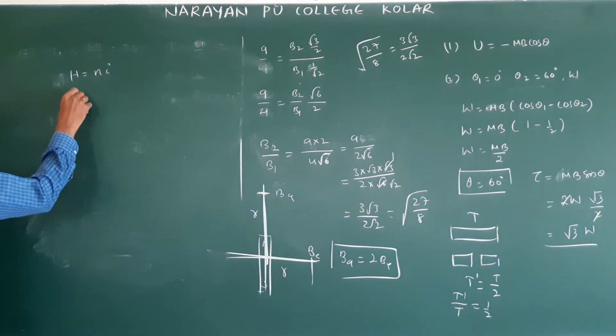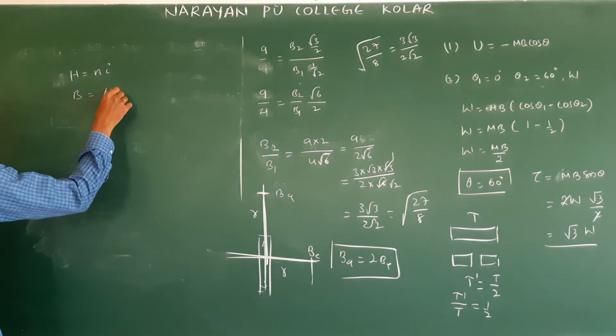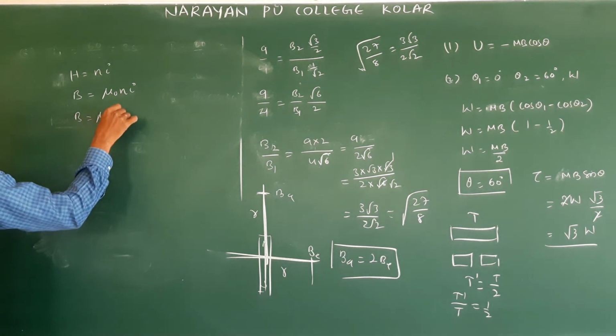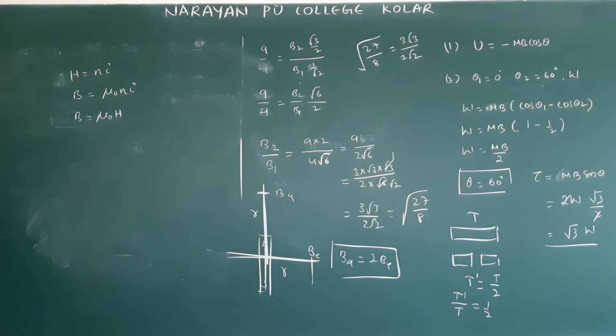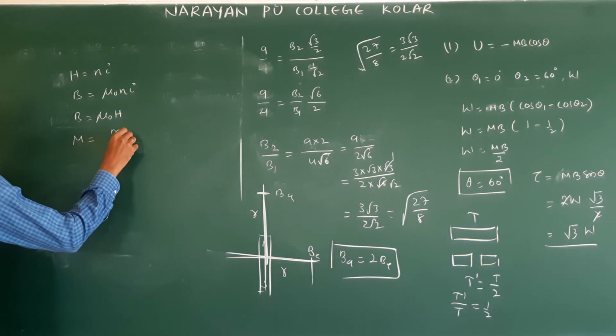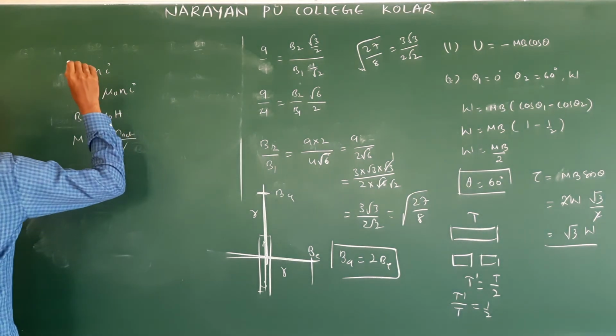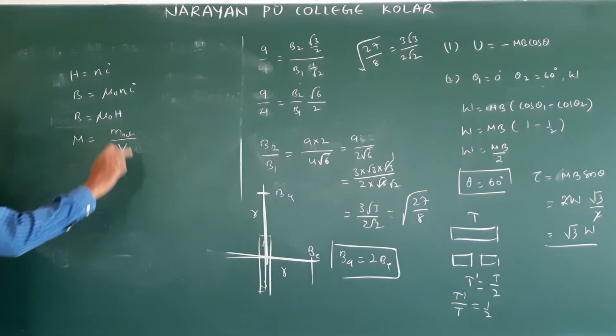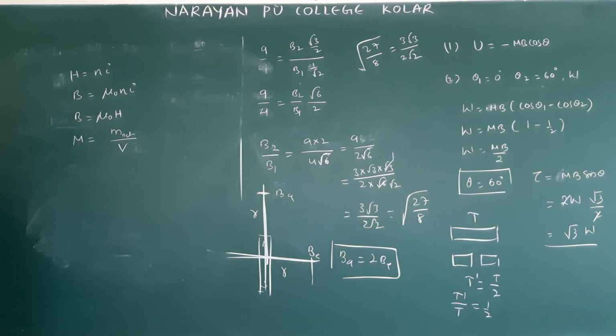B is the magnetic field due to a solenoid, mu n I. So B is equal to mu into H. What is the magnetization formula? M is equal to net magnetic moment per volume. This is magnetization. Clear? These are the relations we have seen.